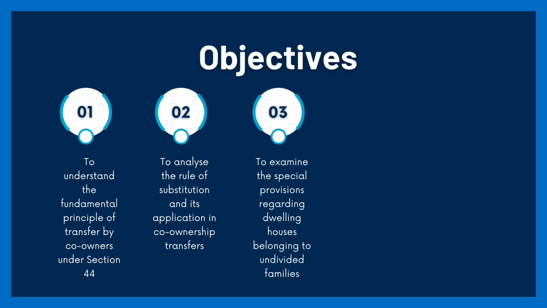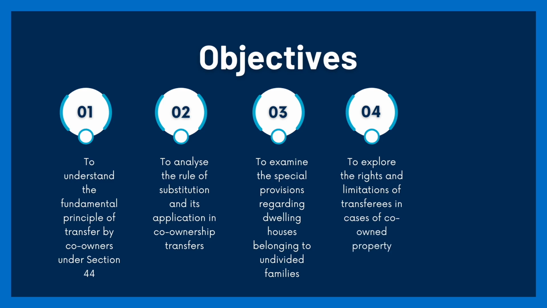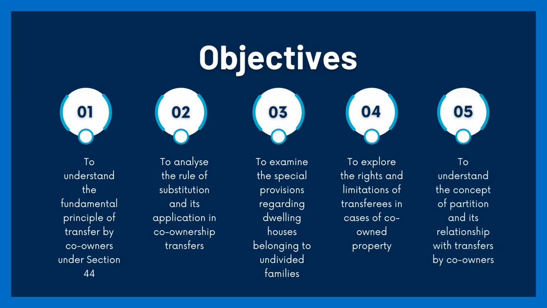You will be able to examine the special provisions regarding dwelling houses belonging to undivided families. You will also explore the rights and limitations of transferees in cases of co-owned property. This exploration will help you understand the concept of partition and its relationship with transfers by co-owners.